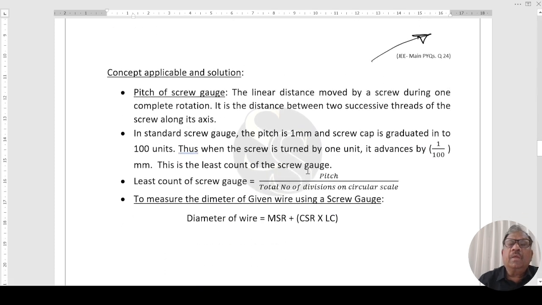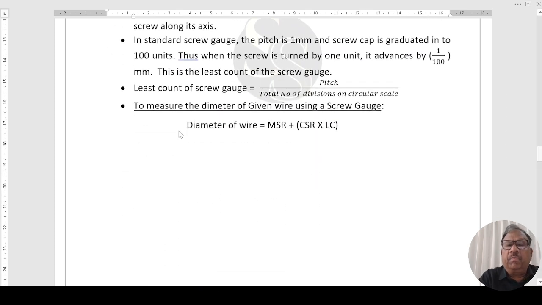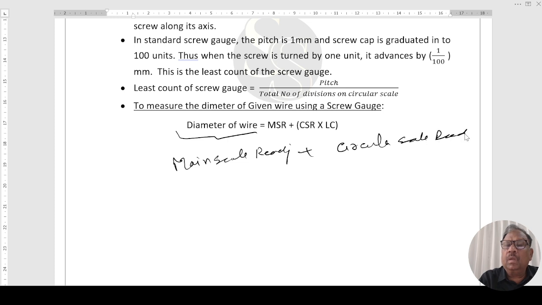You know the diameter of the wire is given by this formula. MSR means main scale reading, plus circle scale reading into least count. According to the question, this is 1 mm plus 42 into least count.